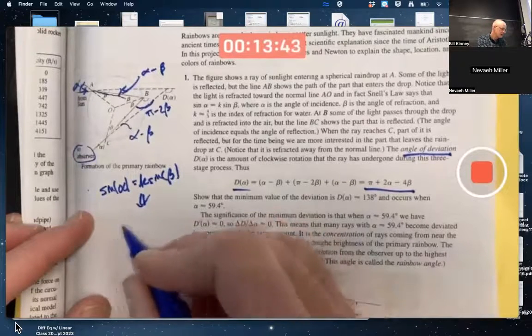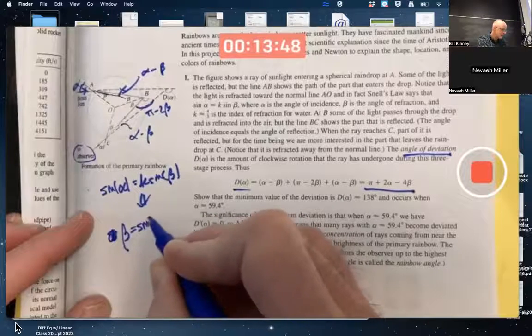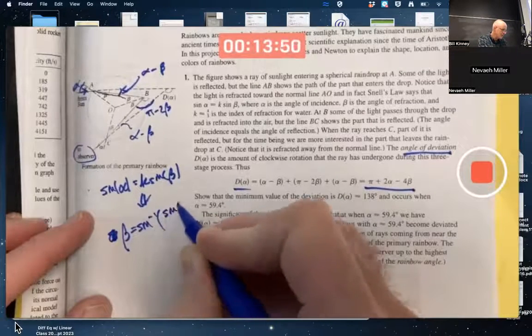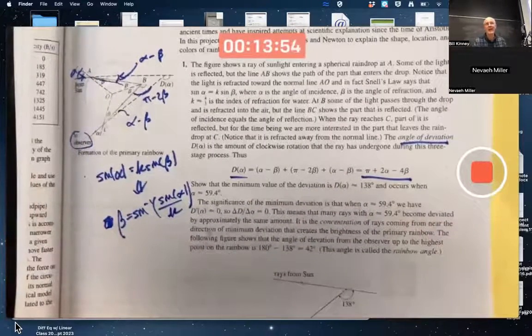Because of this constraint, you can solve it for beta and get beta is inverse sine of sine of alpha over k. And when k is bigger than 1, that can't really be simplified. You just have to work with it as it is.